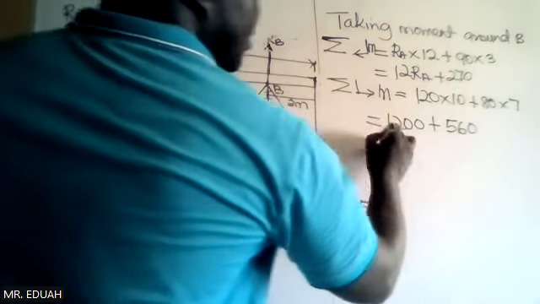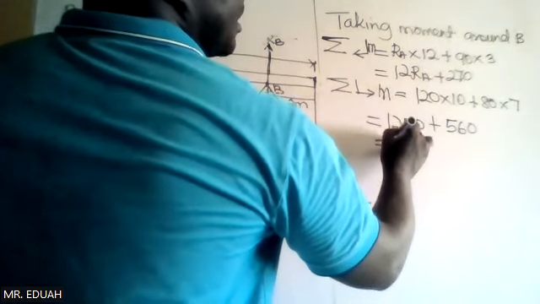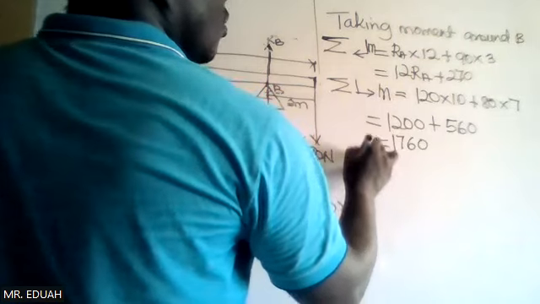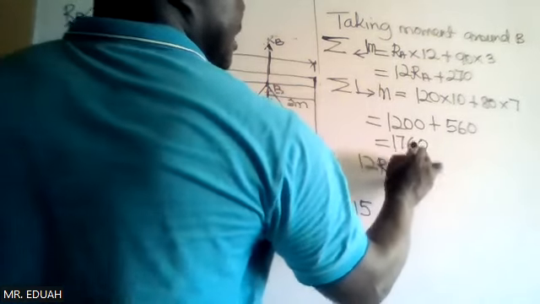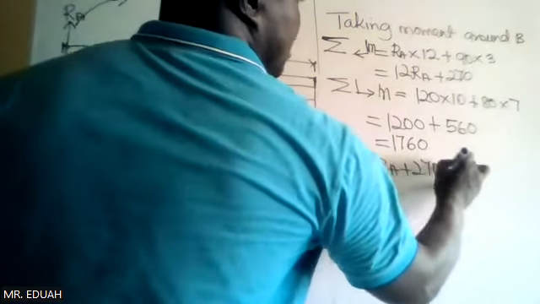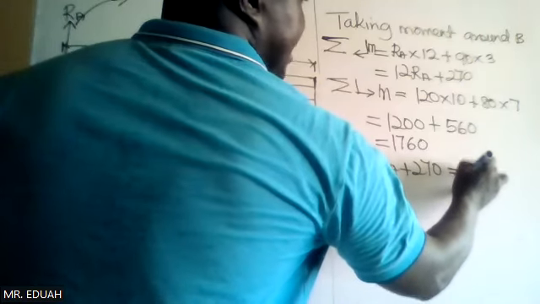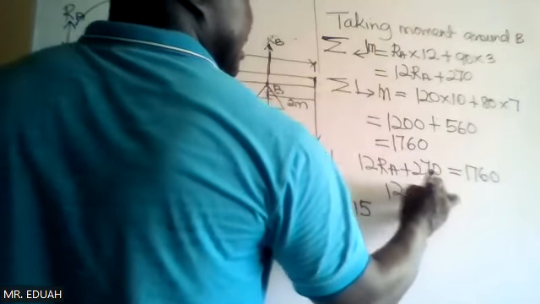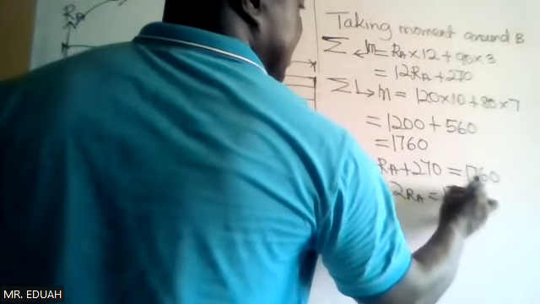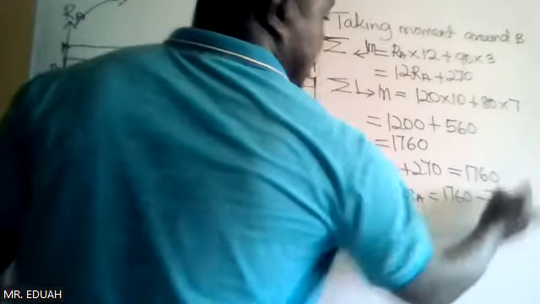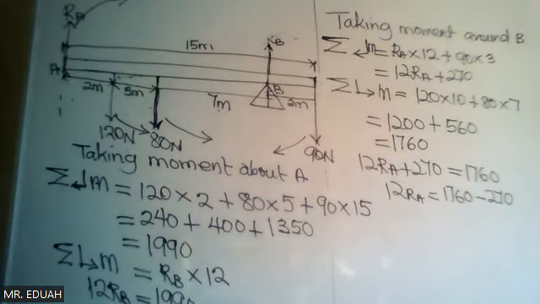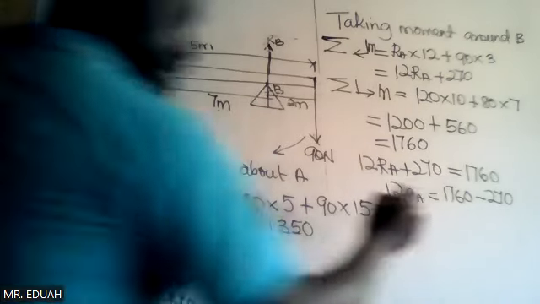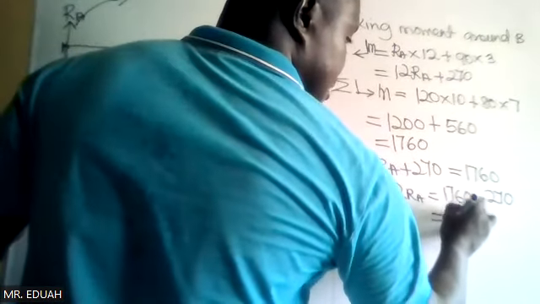So when you sum this up, you have 1,760. So 12 RA plus 270 is equal to 1,760. Therefore, 12 RA is 1,760 minus 270, which is 1,490.